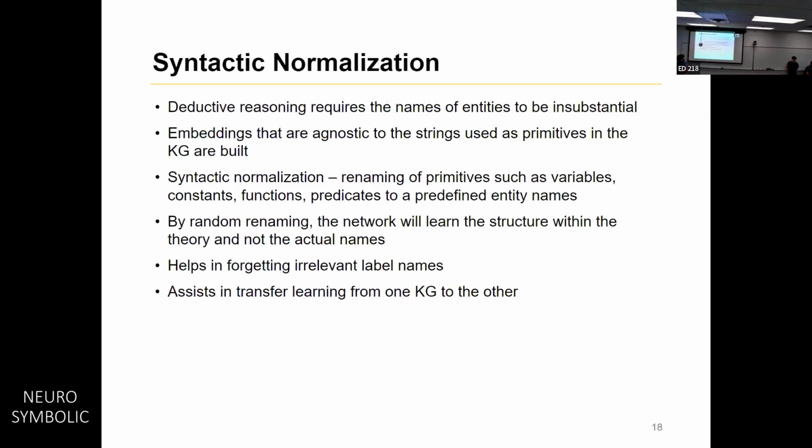Next slide, please. And now we are going to the actual embedding that is being used by the authors in the paper. So deductive reasoning requires a model or a naming agnostic outlook. That is, the name should not be interfering with the learning of the model or the reasoning of the model.